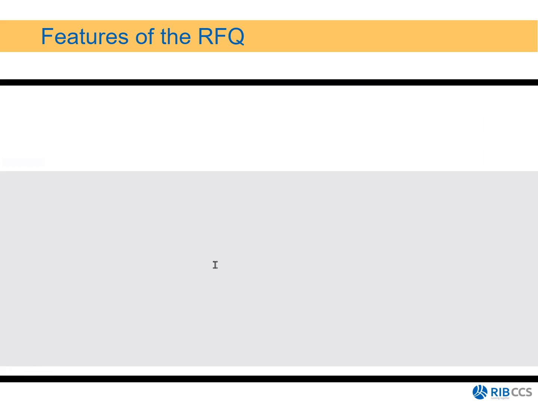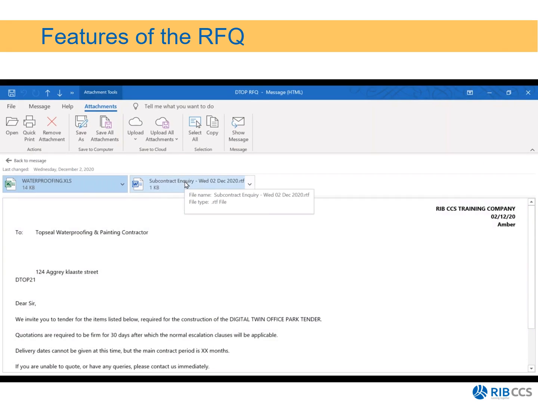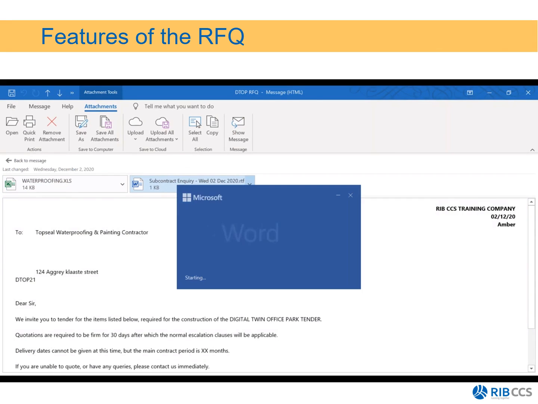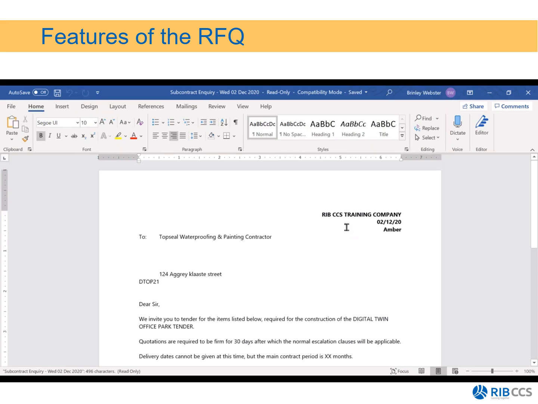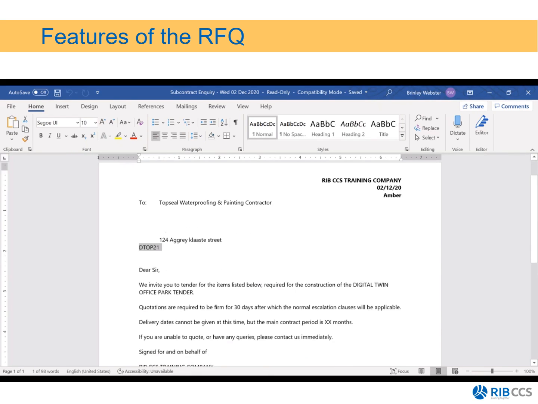The next thing you can have a look at is the subcontractor RFQ letter. When I open this up, you see it has the company name, the date, the contact person, the company that it's gone to, their address, and remember I went and put in the tender reference number. You can see that's the tender reference number.